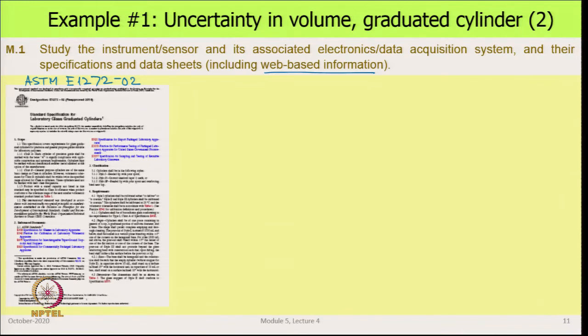This is American Society for Testing and Materials. This standard is what we may call an ANSI standard also, American National Standards Institute, and it would have an equivalent ISO and IS standard as well. They would be very much identical, there might be very few differences between them, but it says standard specification for laboratory glass graduated cylinders.